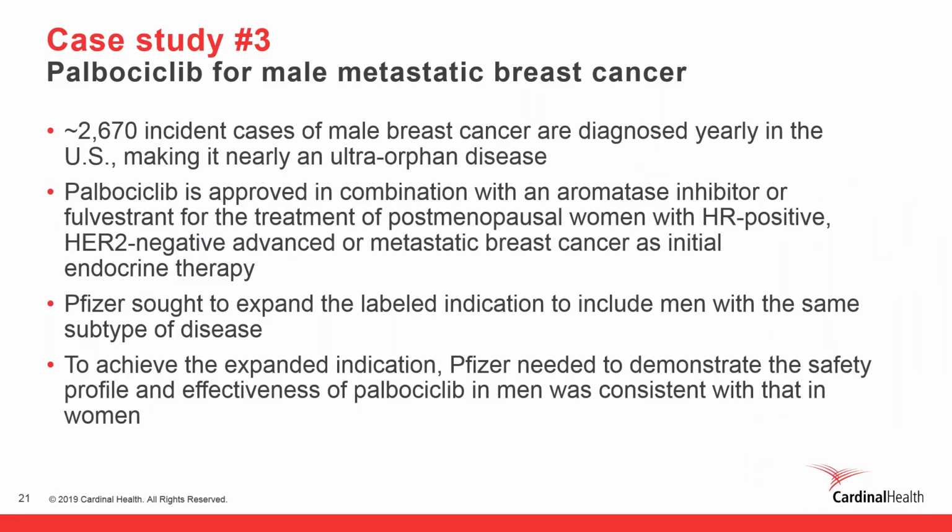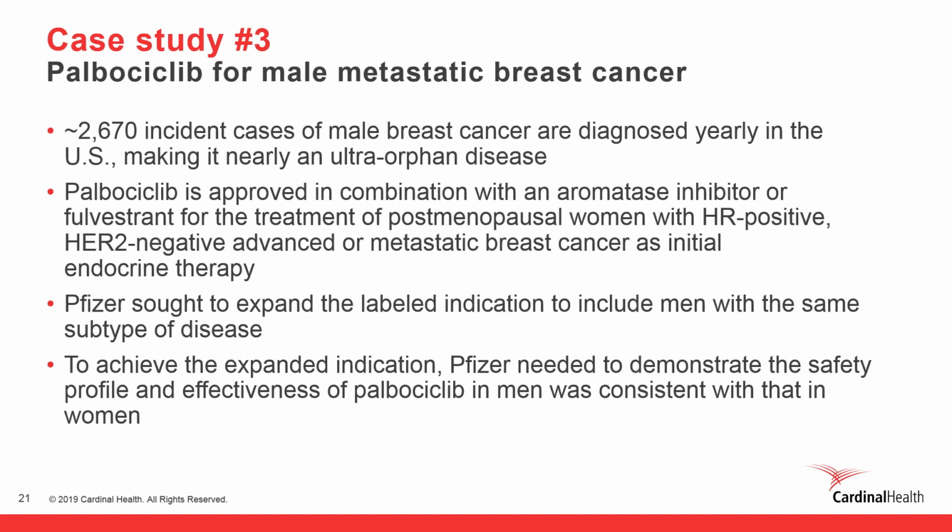As many of you know, Ibrance is approved in combination with letrozole or fulvestrant for the treatment of metastatic breast cancer. Interesting here is the idea that Pfizer sought to expand the indication into male breast cancer.